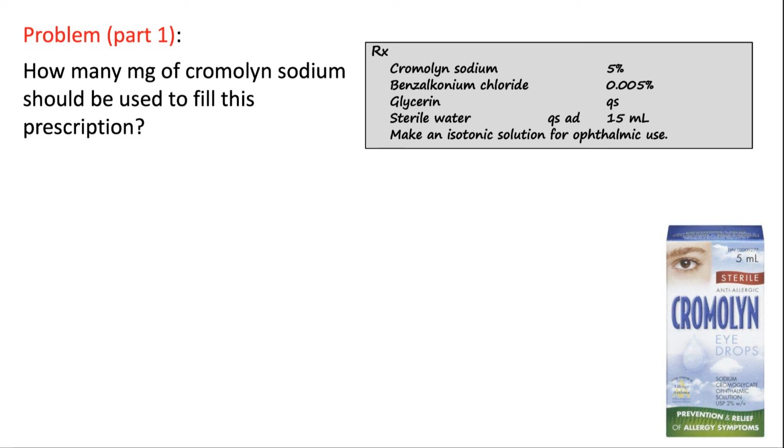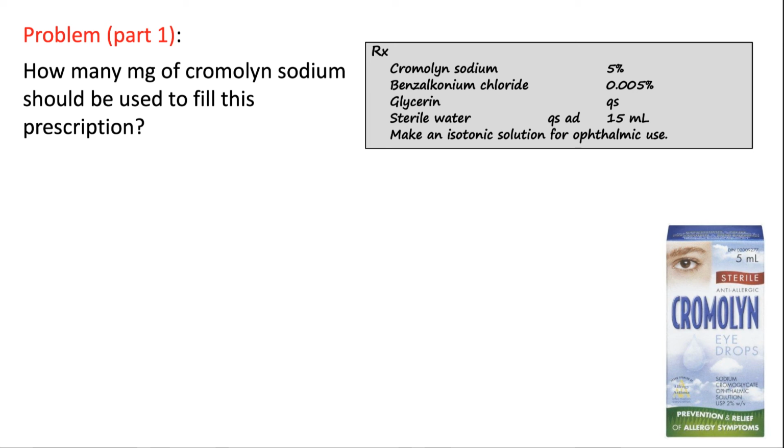It's a low concentration, but benzalkonium chloride is used as a preservative, so we don't need very much of it. To that, we're going to add whatever amount of glycerin we need, primarily as a tonicity adjuster. Combine that with water and compound up to a total volume of 15 milliliters. So we do want an isotonic solution with a total volume of 15 milliliters. We'll use glycerin to adjust for the tonicity of our two active ingredients.